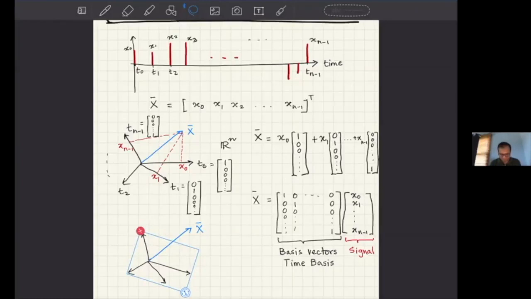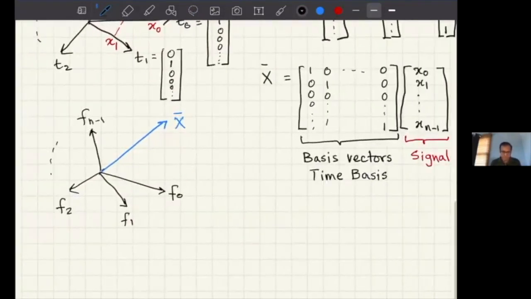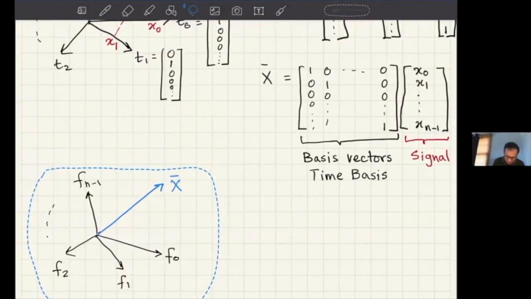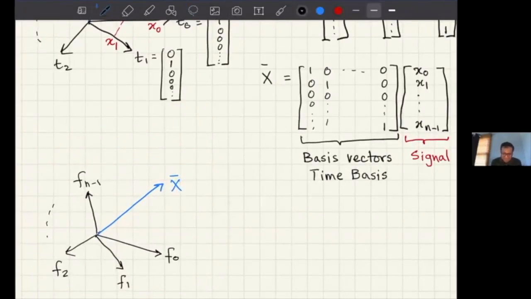And once we do that, let's call this new basis, for lack of a better name, f0, f1, f2, dot, dot, dot, fn minus 1. Obviously, the values of x are now going to be different, because now we will project x onto f0, and let's call that value z0.